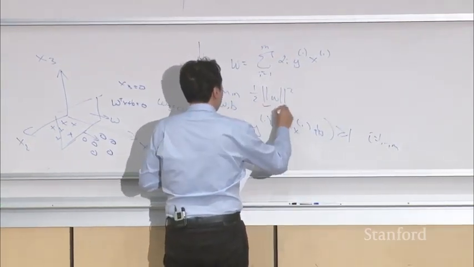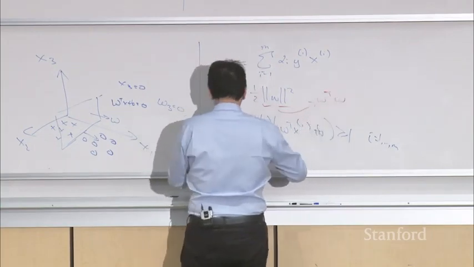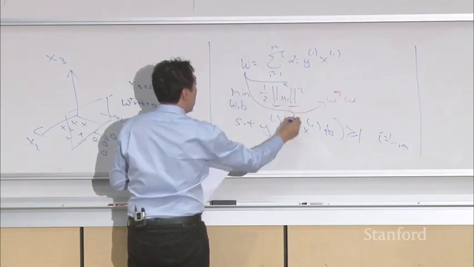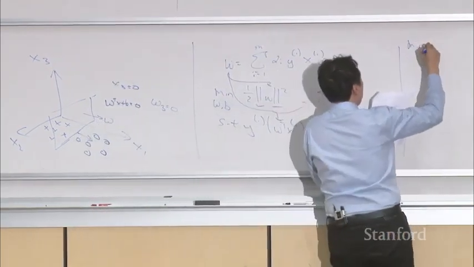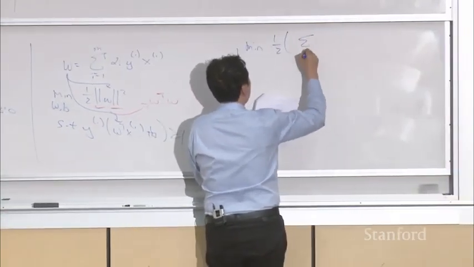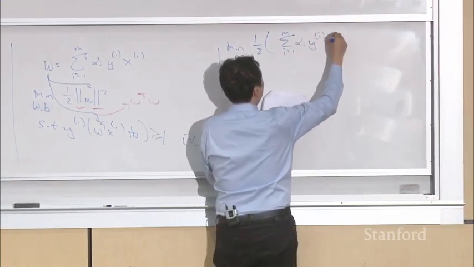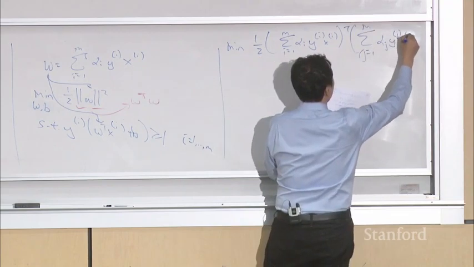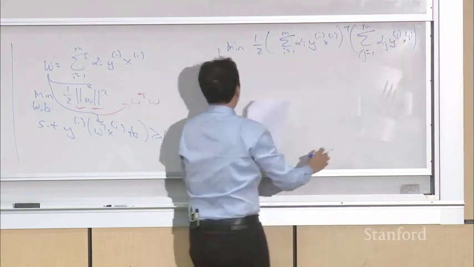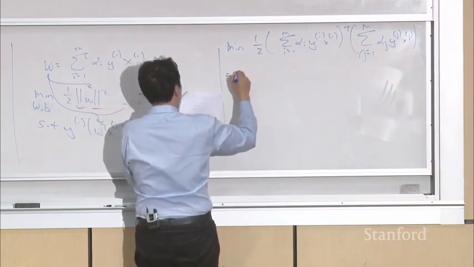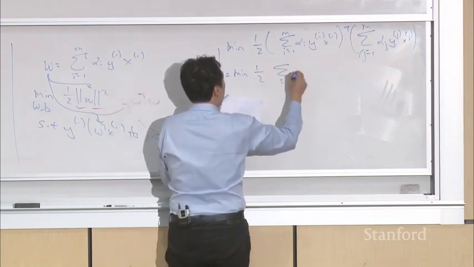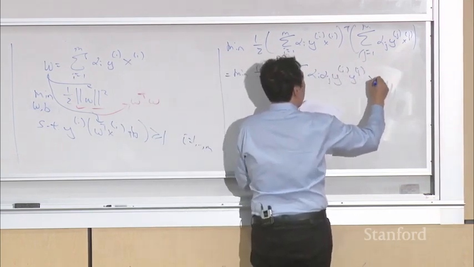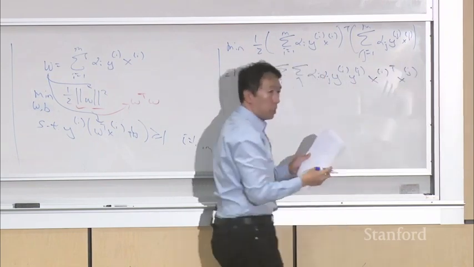The norm of W squared is just equal to W transpose W. If you plug in this definition of W into these equations, you have as the optimization objective the min of 1/2 sum from i equals 1 through m, W transpose W, which is equal to sum over i, sum over j, alpha i, alpha j, yi, yj, and then xi transpose xj.